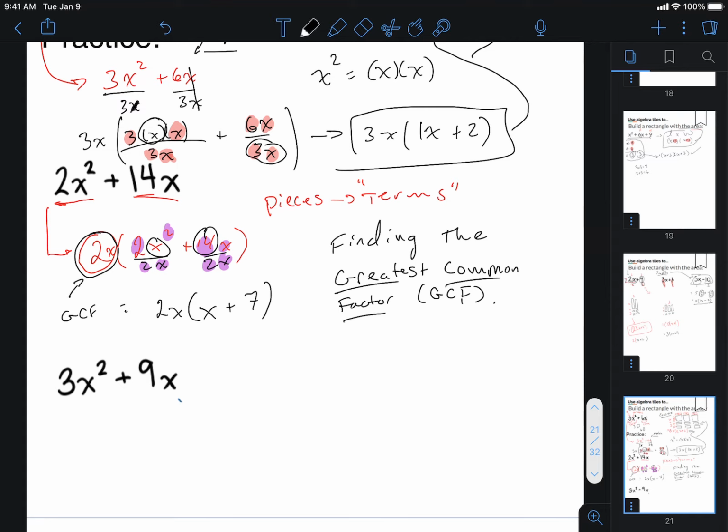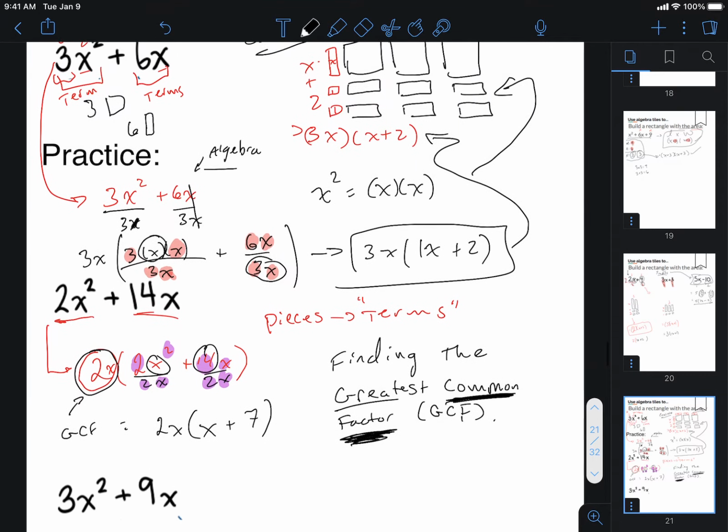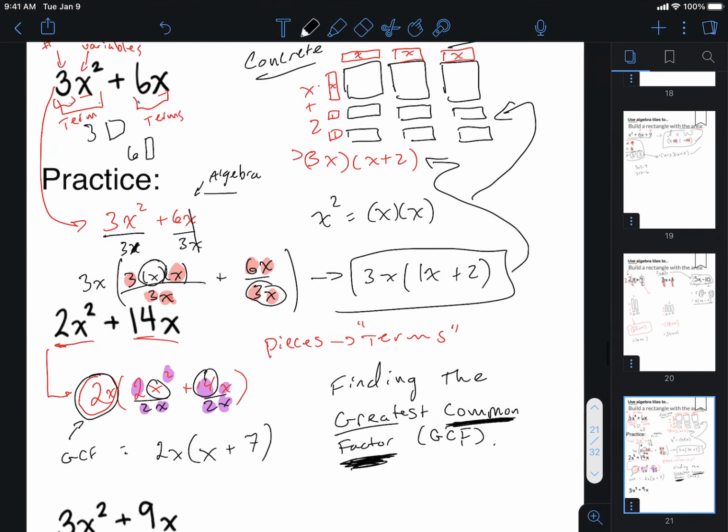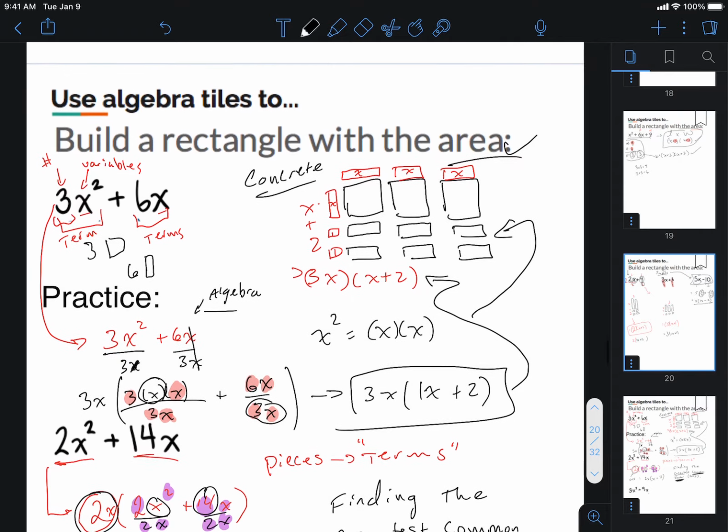Okay, does anybody have any questions? So what we're going to call this is common factoring, okay? But you can see I'm just assigning a name to a process, right? You can see this is all the same work.